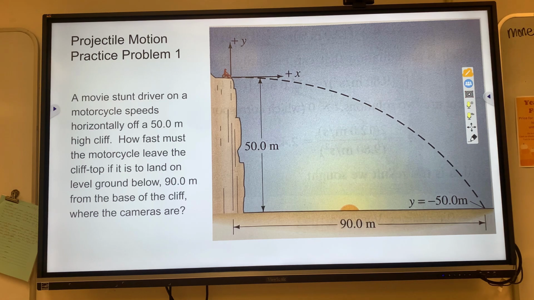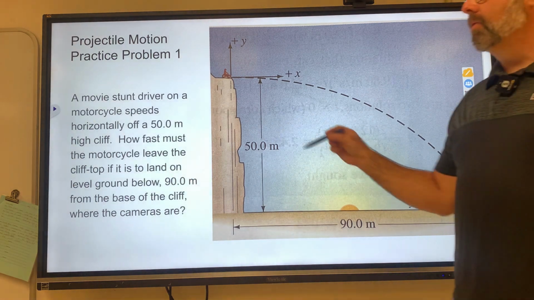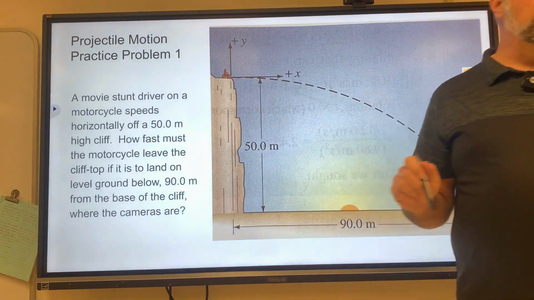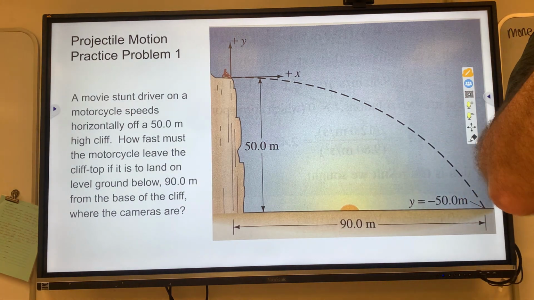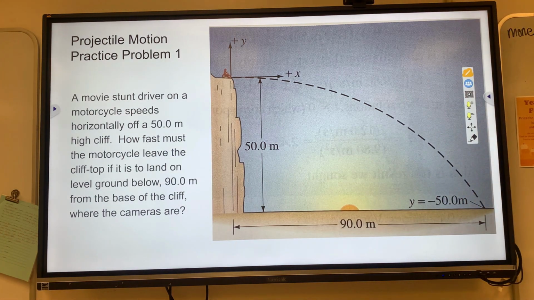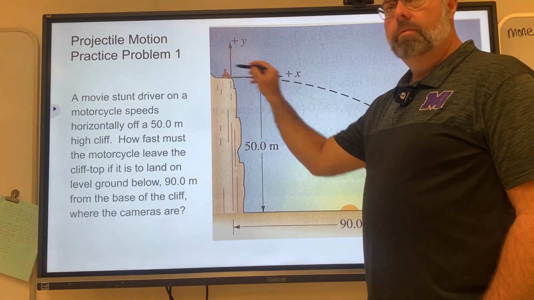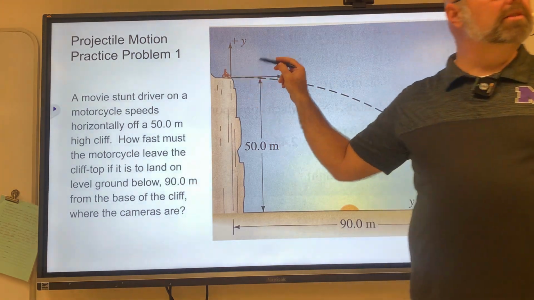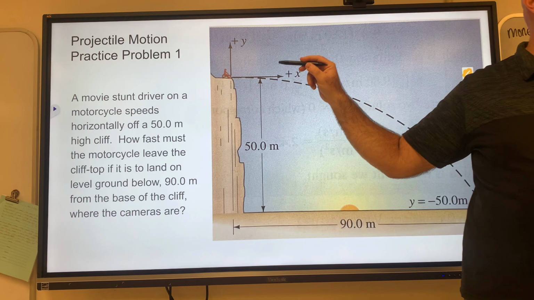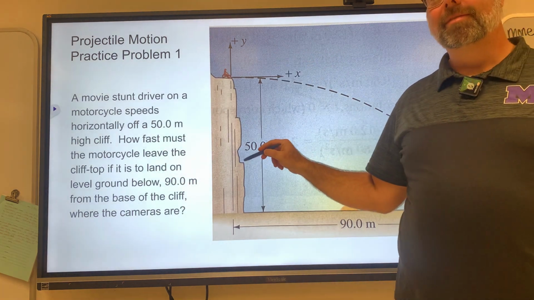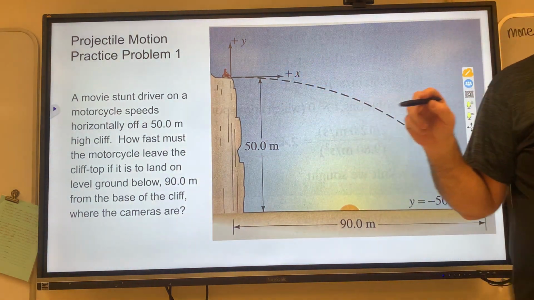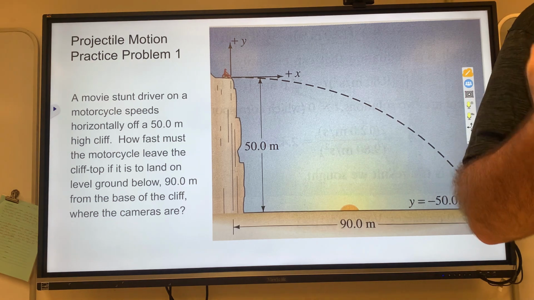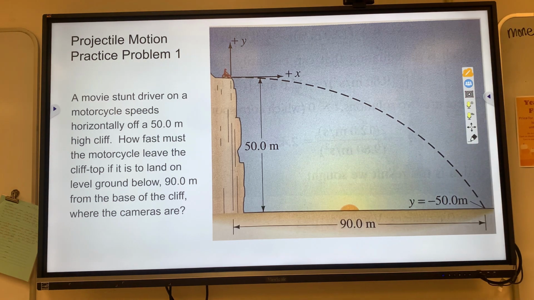So this is probably terrible, but let's play make-believe that we don't have one stunt driver on a motorcycle, but we have two. One of them drives off the cliff horizontally, and the other one at the same moment just gets dropped from the edge of the cliff. Based on our penny experiment, who hits the ground first?